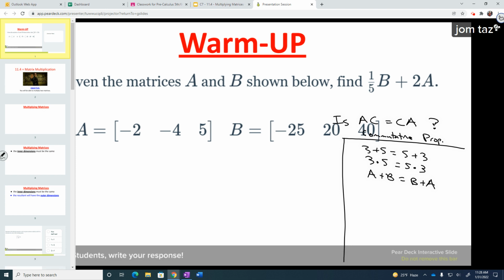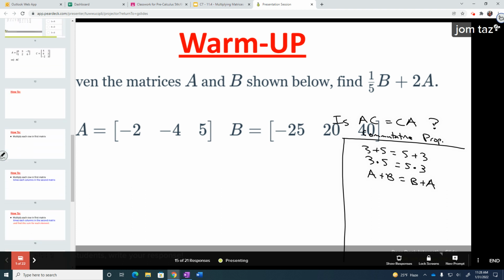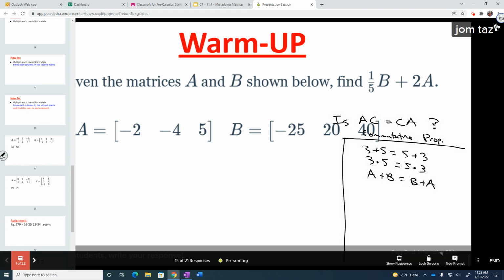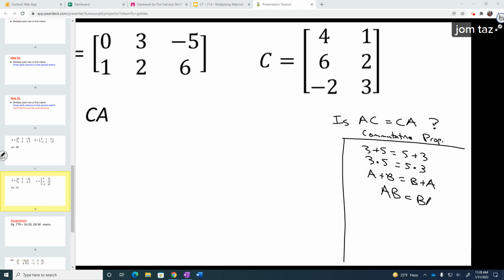The thing is with multiplying matrices, and again, I think I mentioned this maybe on Friday, it is not commutative. So it seems like it should work the same. It seems like A times B should equal B times A because regular multiplication is commutative, but they're actually not equal to each other.